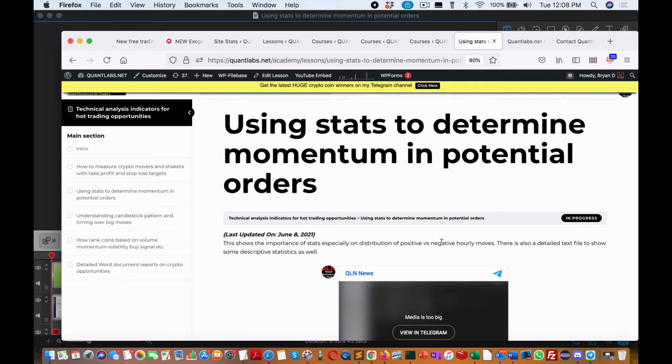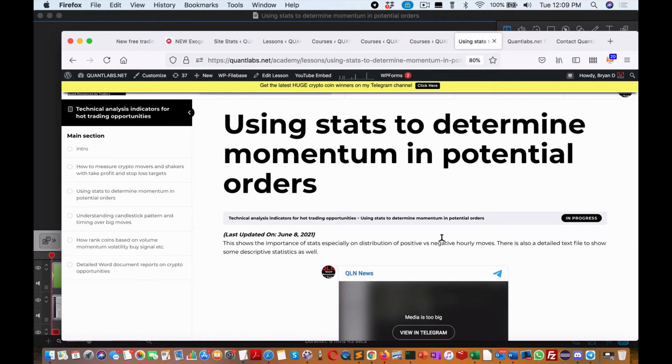I'm pretty sure a lot of people won't have the time. I do provide those stats in a text file, but more importantly, what general people may use is the number of positive and negative returns over an hourly basis. If you get more positive returns, that tells you the coin is moving more positively than negative based around probability.